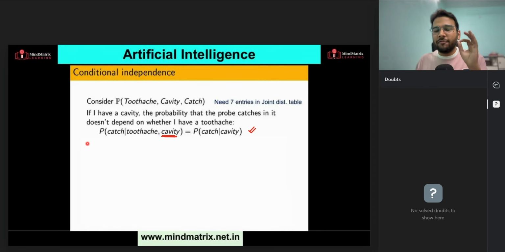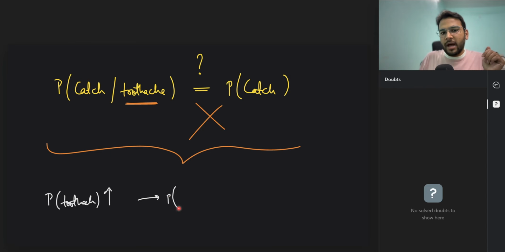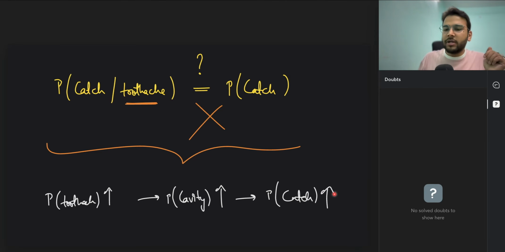This is the concept of conditional independence. Do you have any doubt here? Let me write this for you if later on you revise. Basically, if the probability of toothache is high, it is going to influence probability of cavity. This will become high, and this will influence the probability of catch. So this will also become high.